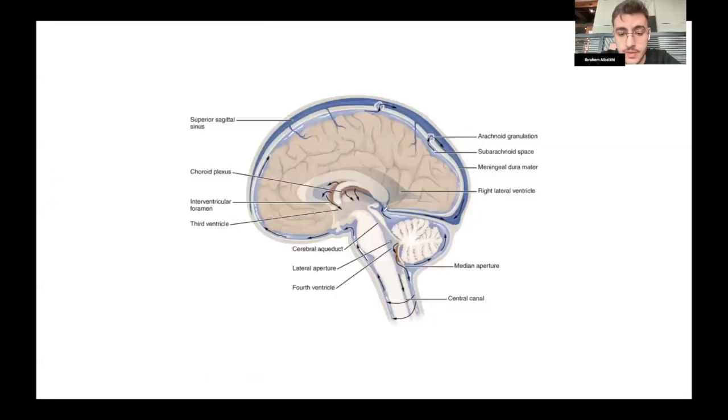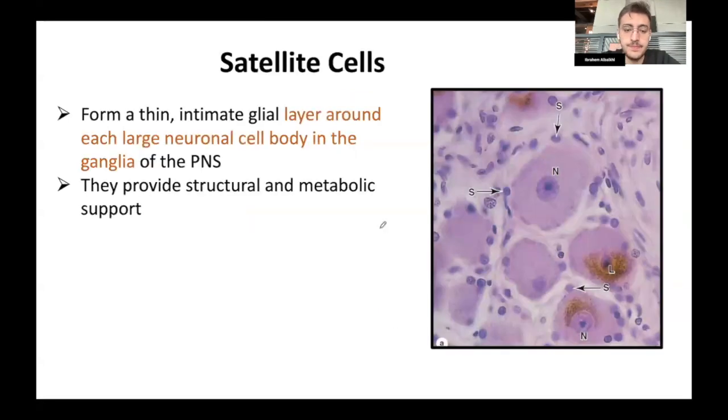This is the ventricular system. The choroid plexus here produces the CSF, and the layer that forms the lining of the ventricles and the central canal is the ependymal cells.